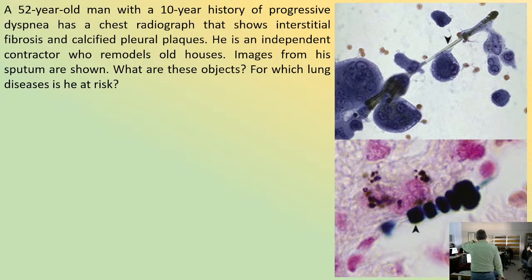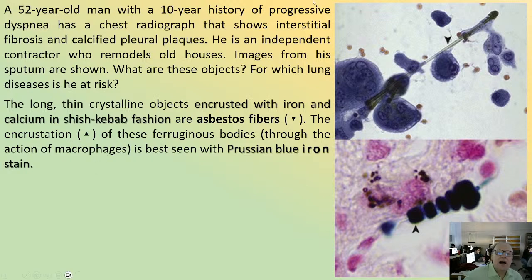This is a ferritinous coverage of the fiber, and it is highlighted by iron stains, such as Perls. It's the most commonly used histochemical stain for iron. So you see that this fiber has an iron coverage, and these are asbestos fibers.